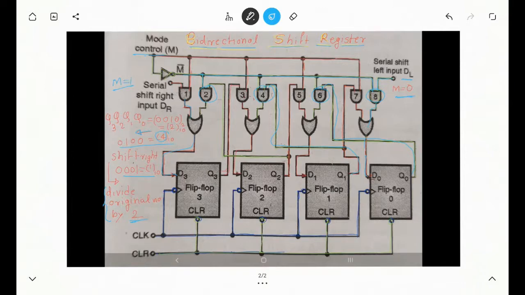So in a bidirectional shift register, depending on the mode control, data gets shifted towards the left and towards the right. Okay, thank you.